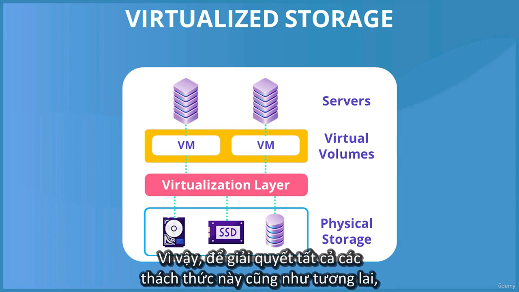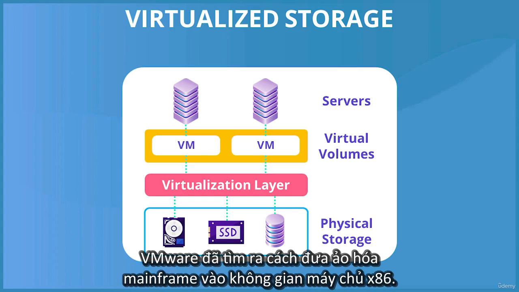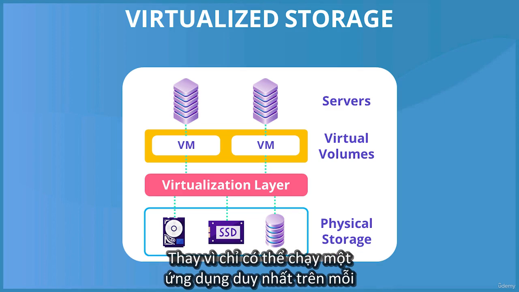So in order to address all of these challenges as well as the future, IBM created the first concept of virtualization in the mainframe world. And VMware figured out how to bring mainframe virtualization into the x86 server space. So instead of only being able to run a single application per server, VMware discovered how to virtualize the hardware.